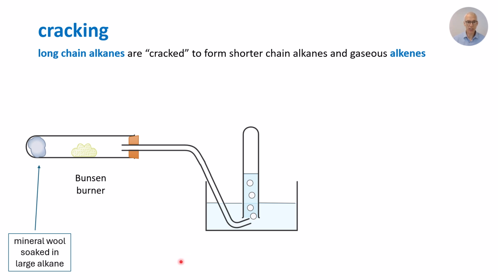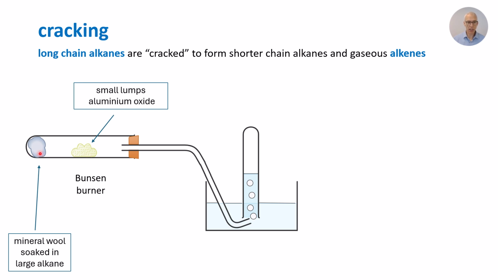The setup we see here, again, mineral wool soaked in the large alkane. We have here a catalyst of small lumps of aluminium oxide. The small lumps are to increase the surface area.